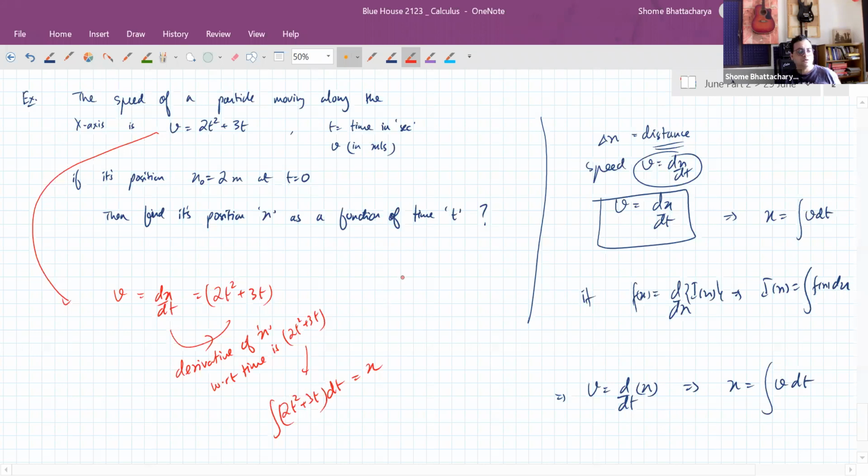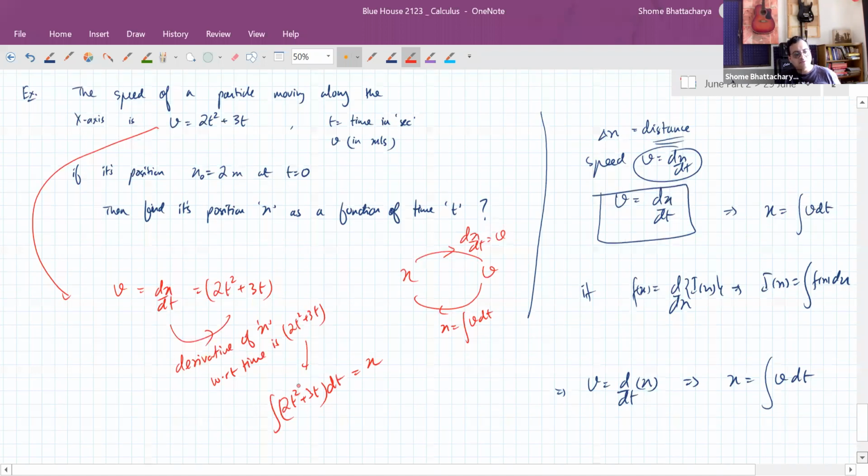Understand? From x to v, dx by dt is equal to v, so from v to x it should be this. That is the concept we'll apply now.